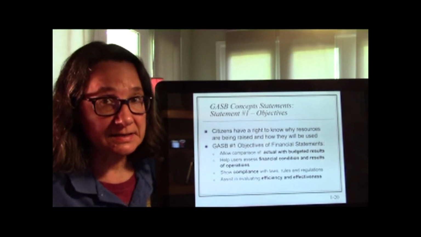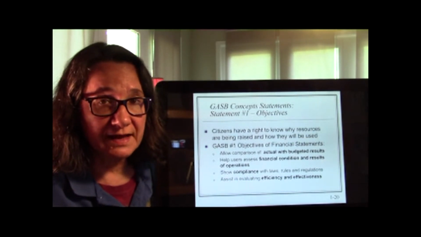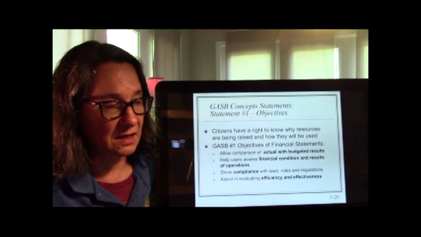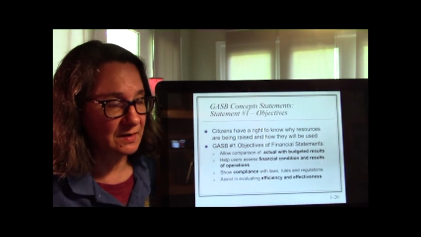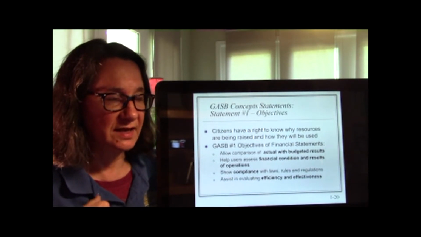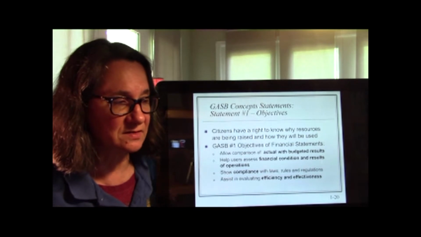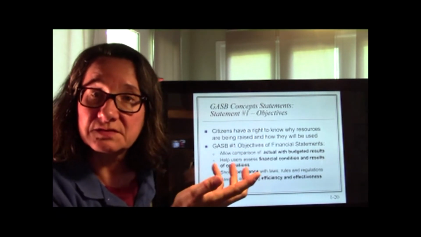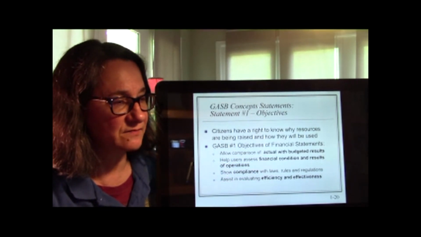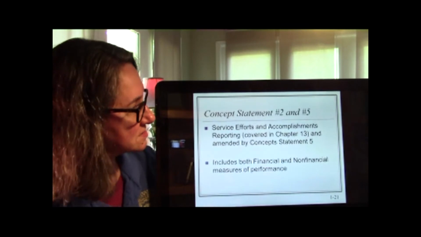If you're going to take taxes from me, I have the right to know where that's going, right? So GASB concept statement 1 is about the objectives. Compare actual with budgeted. Help us understand the results of operations. Show compliance, which is not the same thing as profits, right? Show compliance with laws. Assist in effectiveness and efficiency.